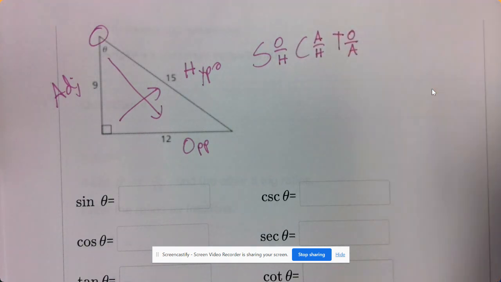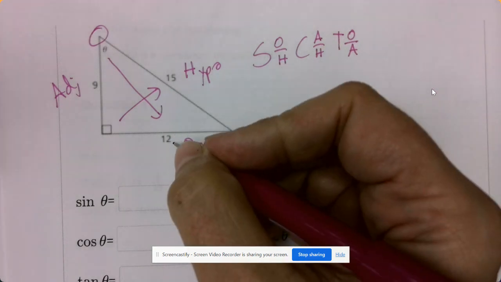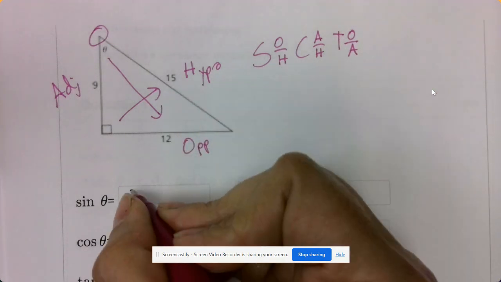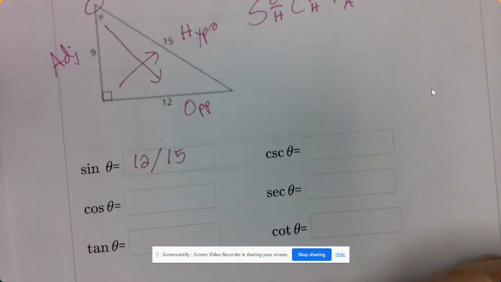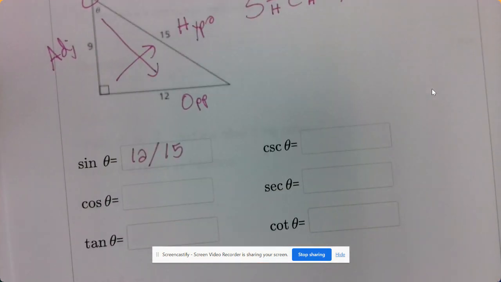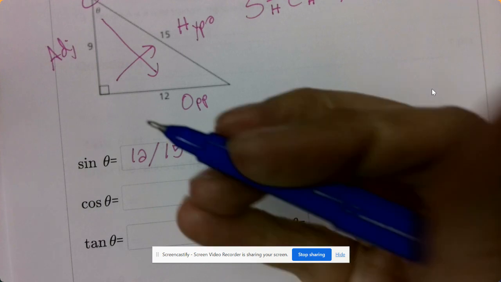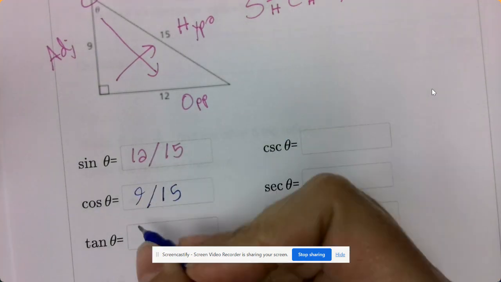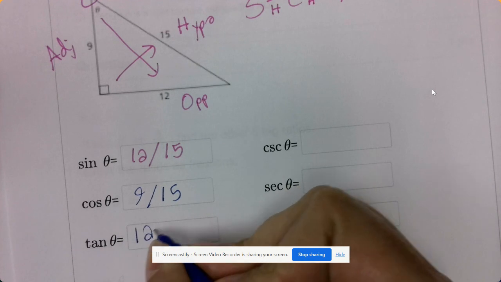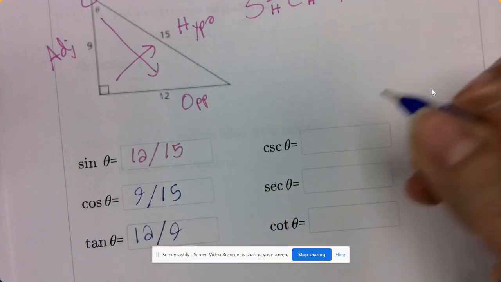Okay, so sine is going to be opposite over hypotenuse, so 12 over 15. For cosine, it is going to be 9 over 15, and tangent is going to be 12 over 9.